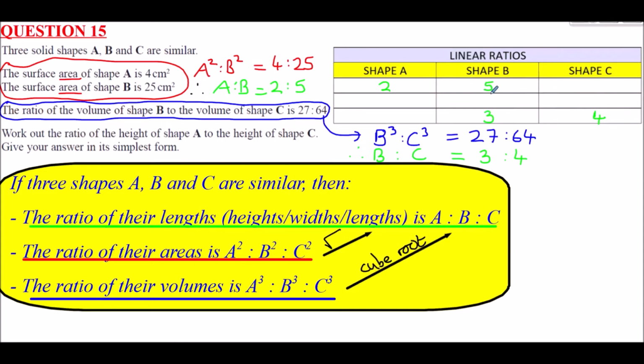Well, hopefully you can see that 15 is in both. So we can get shape A to shape B to shape C by making the number 5 into 15. So what we can do here is multiply these numbers by 3.